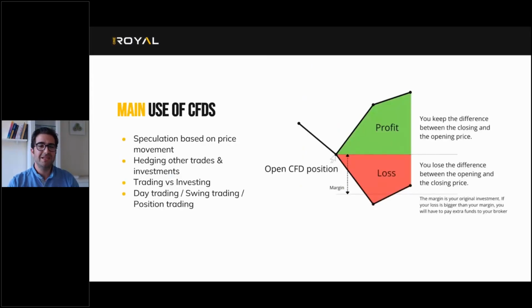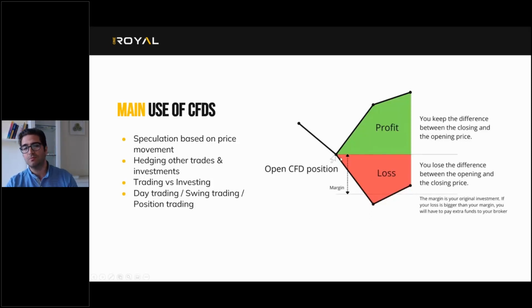What is the main use of CFDs? The main one is speculation based on price movement. So your main goal using CFDs is to make profits, as obvious. So if you look at the right of this PowerPoint, we have this graph. This is how you will profit from CFDs. Let's say you have decided to buy a certain CFD.